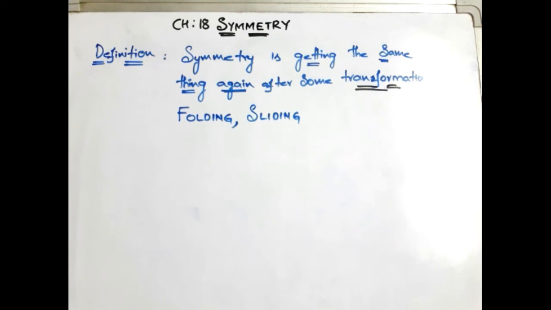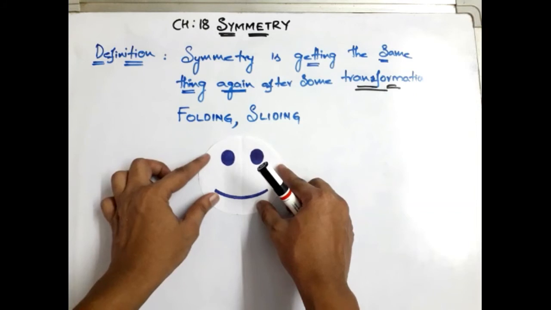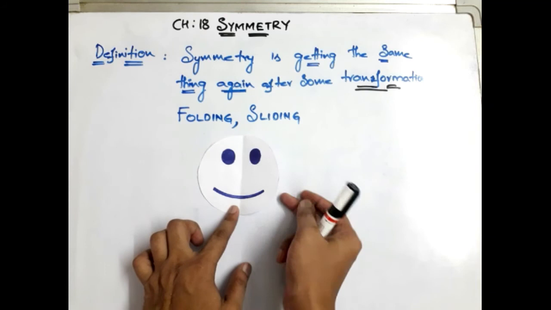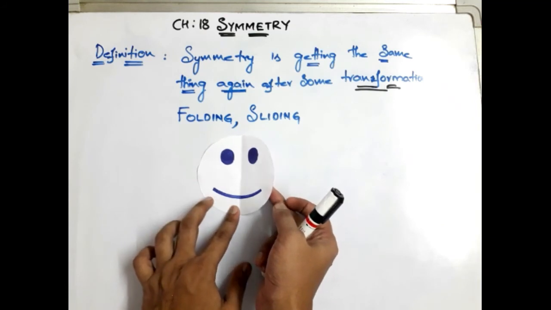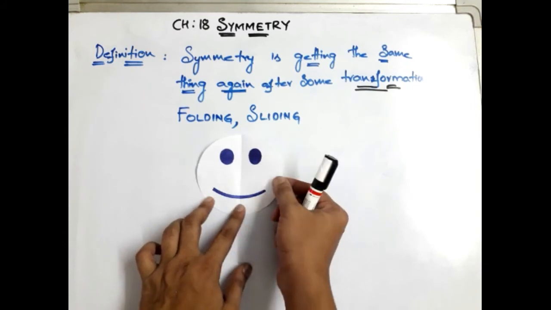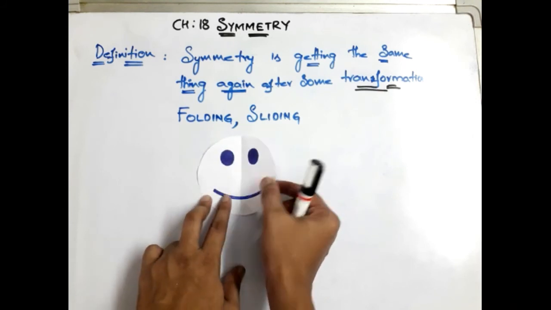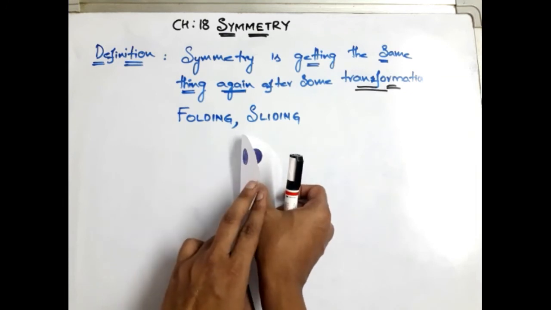Now I will show you an example to understand this definition. So just look. I am taking the same smiley here again, which I showed you earlier. Let the half of this picture be the same as both sides. If this is the left and this is the right, the left half of this smiley is same as the right half of the smiley.